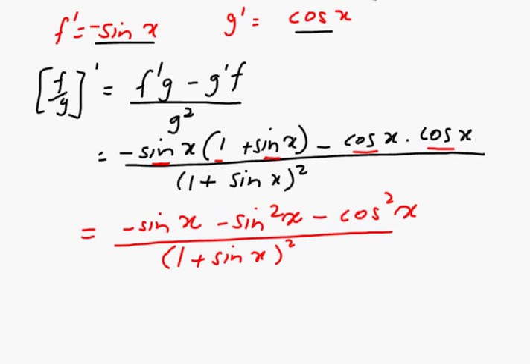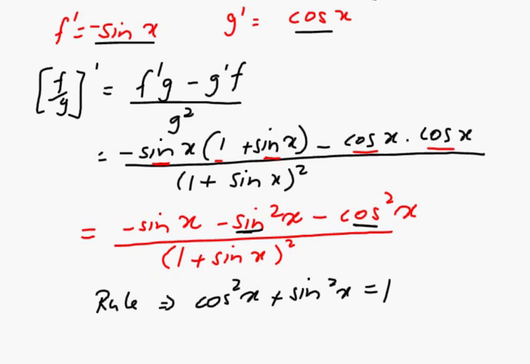Now looking at the numerator, we can further simplify, because we have a sine squared and a cos squared, and there's a formula for that which says cos squared x plus sine squared x is equal to 1.